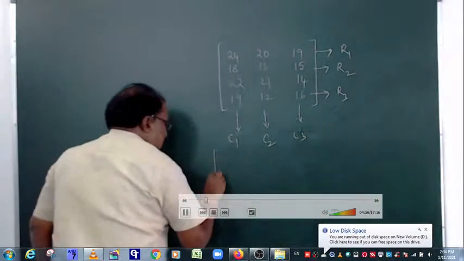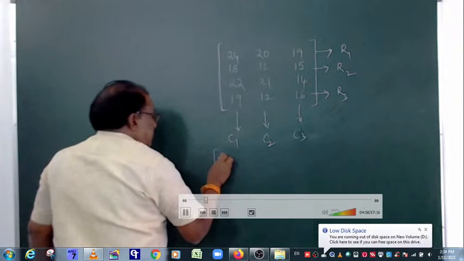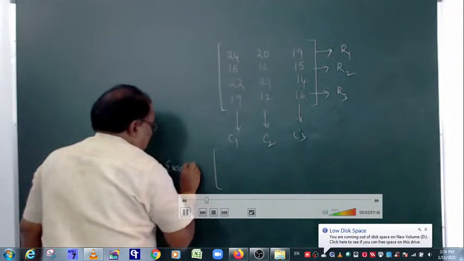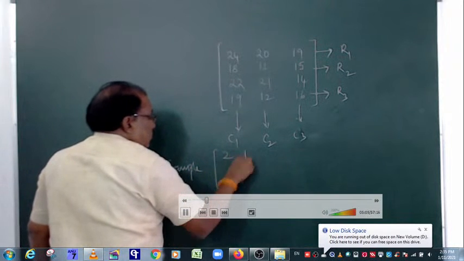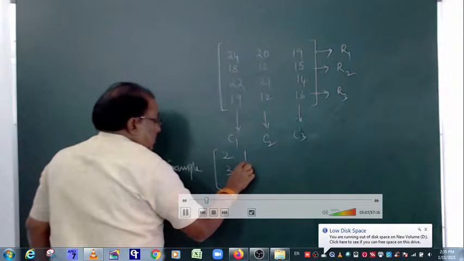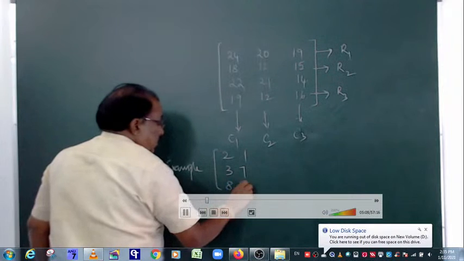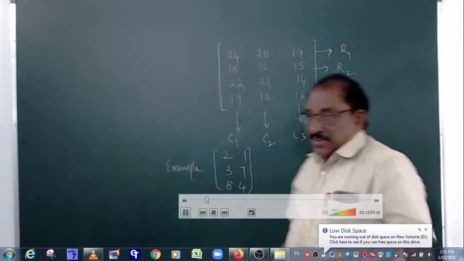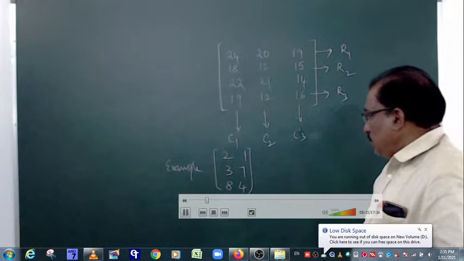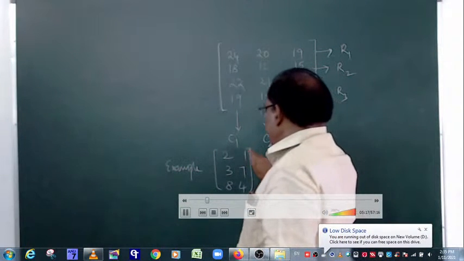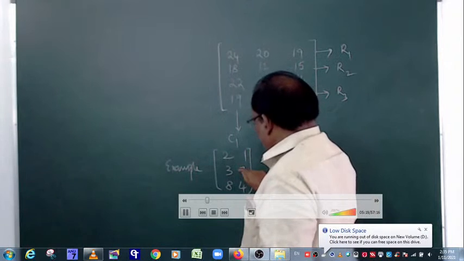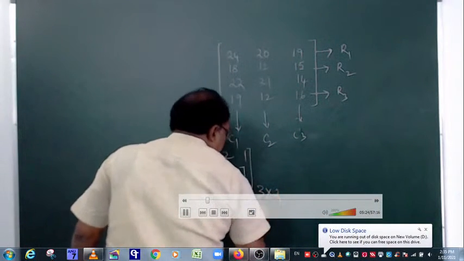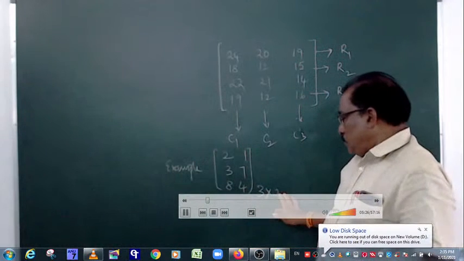Now, take another example: 2, 3, 4, 7, 8, 4. This is also a matrix. Here, how many rows are there? 1, 2, 3. And how many columns? 2.